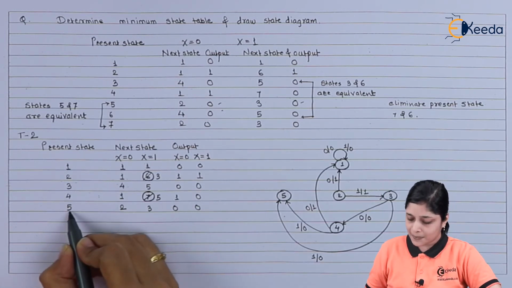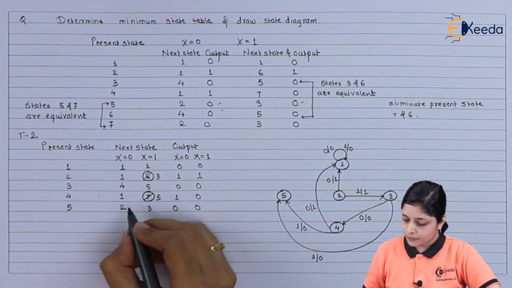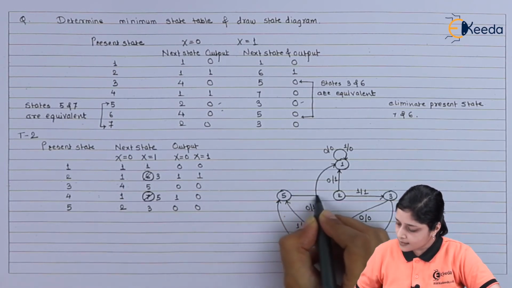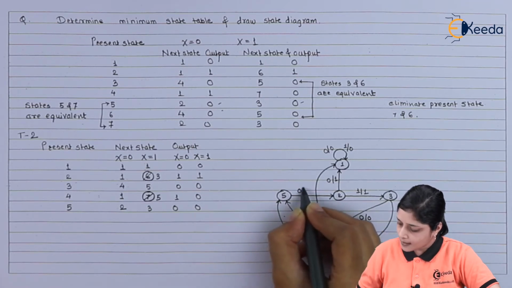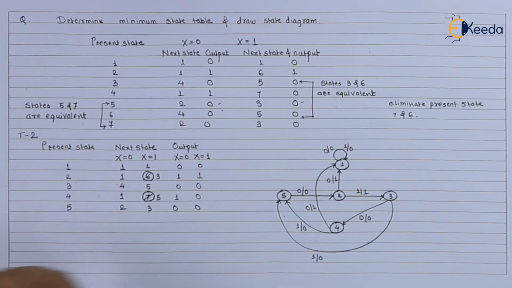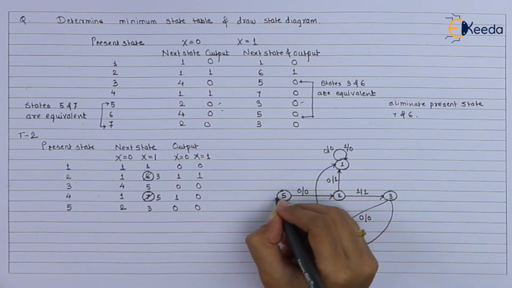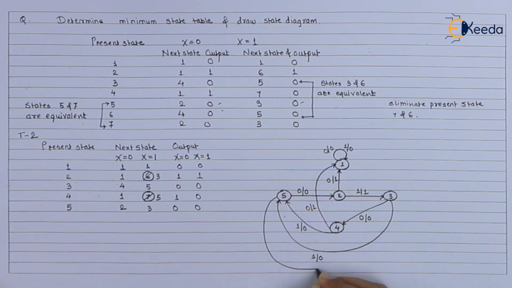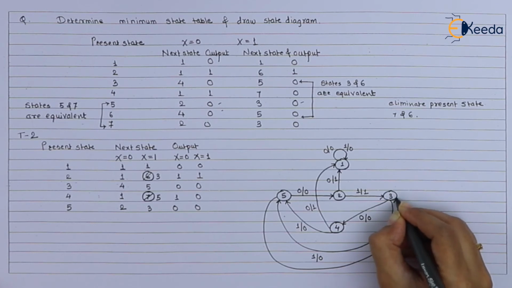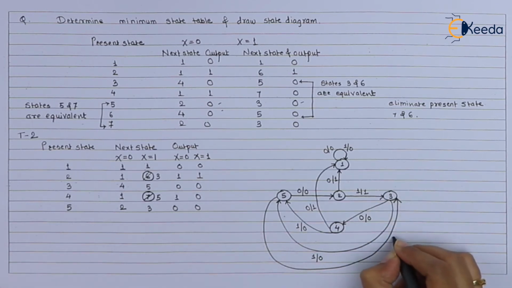Now we will focus on present state 5. When x equals 0, the next state is 2 and the output is also 0. Now when x equals 1, the next state is 3, so we will draw the next state here, and the output is 0.